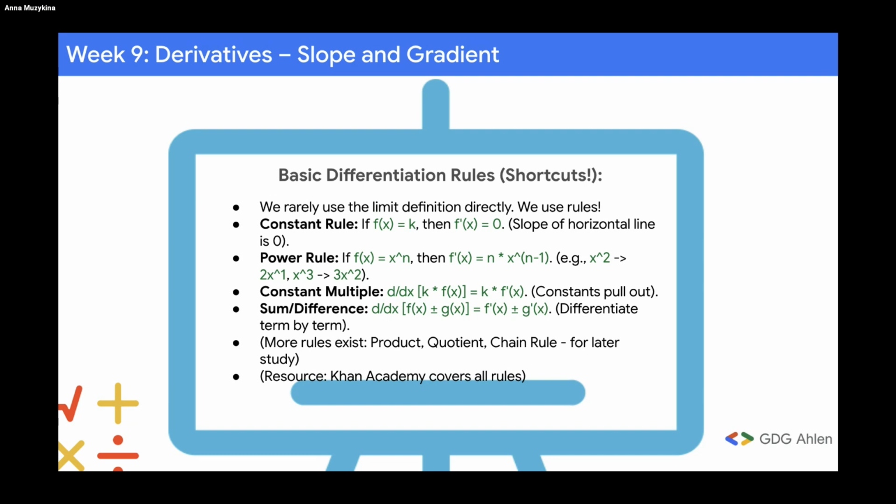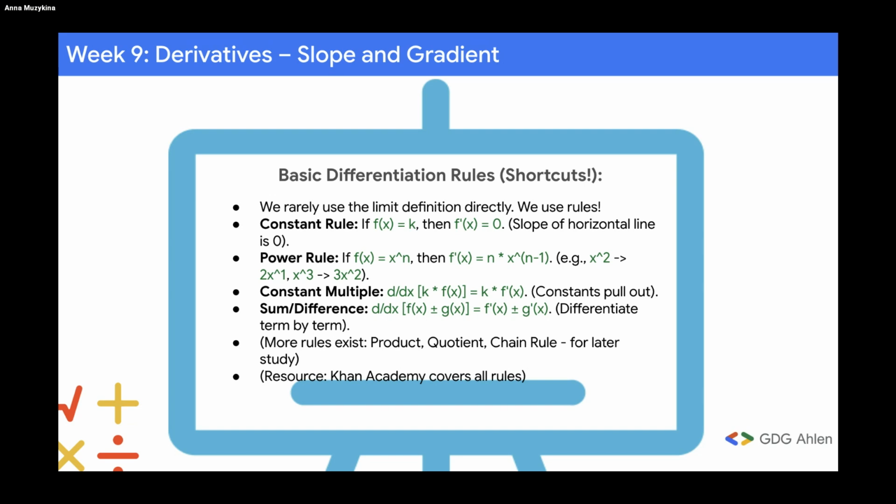Constant multiple rule. If a function is multiplied by a constant, like 5 multiplied by x squared, you can just pull the constant out, find the derivative of the rest, 2 times x, and multiply the constant back. 5 multiplied by 2 times x equals 10 times x.